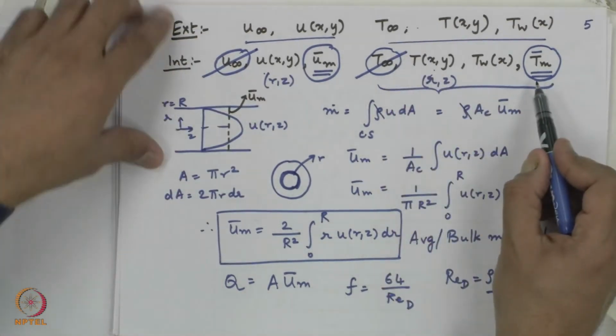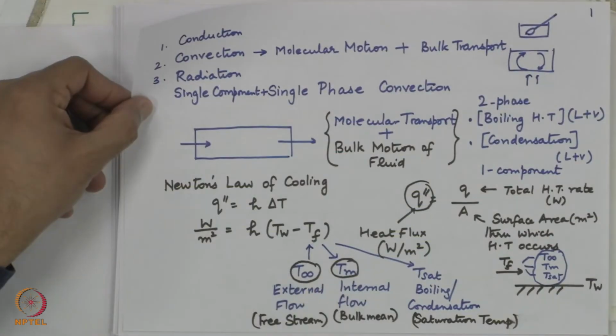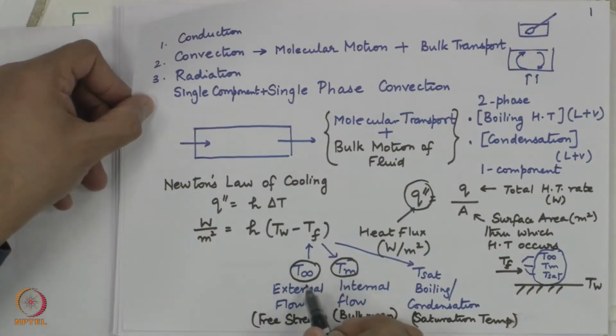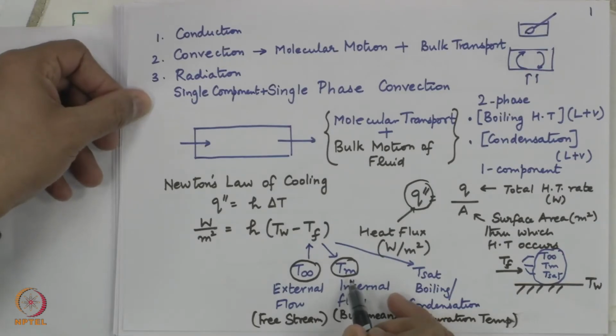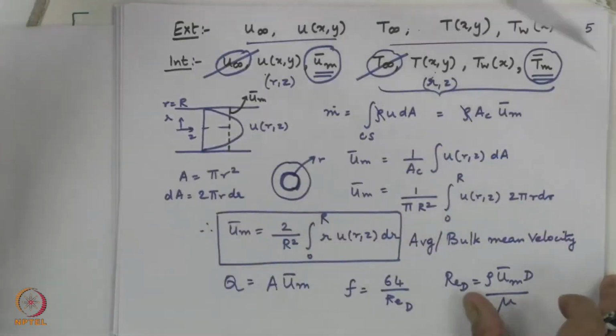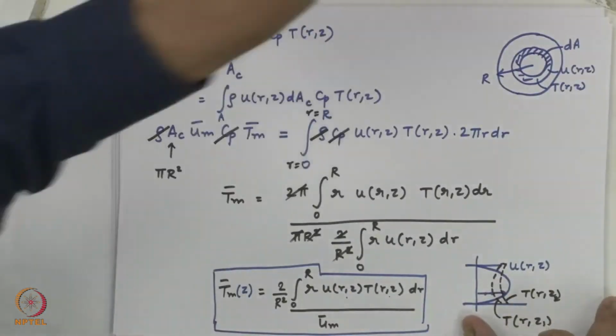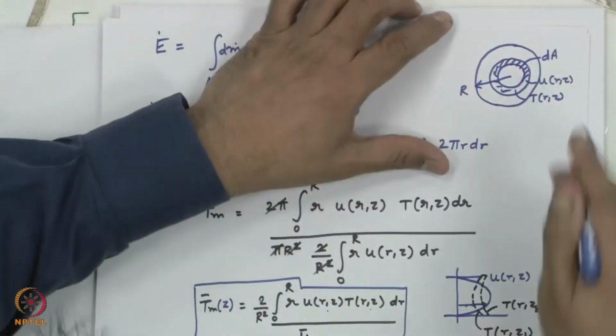That is what I wrote in my first slide of this lecture: T wall minus T_f, T_f was T infinity in external flow, T_f will become T bulk mean, and we have defined that now. Okay. So, moving on, this is slide number 8.